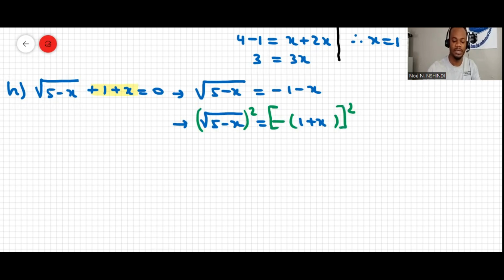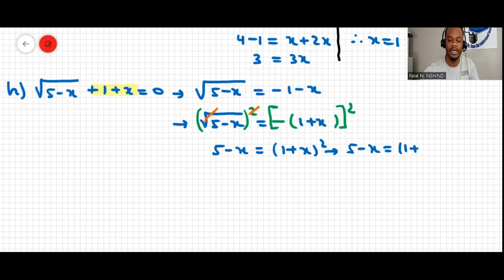We know that here, the radical sign will be cancelled, and then we are left with 5 minus x equal to this side to the power of 2, which is 1 plus x to the power of 2. And then this is 5 minus x equal to 1 plus x times 1 plus x.